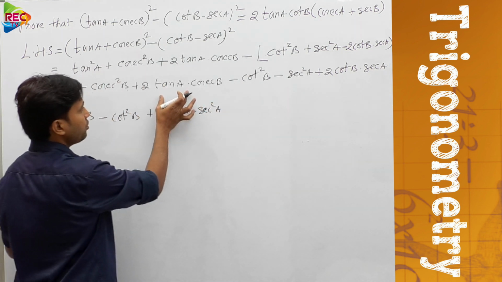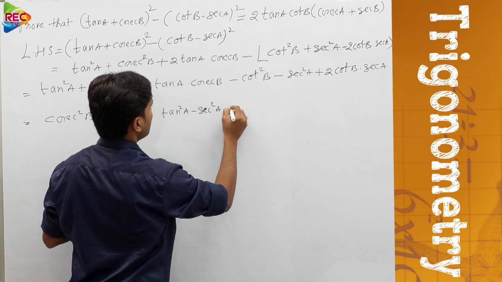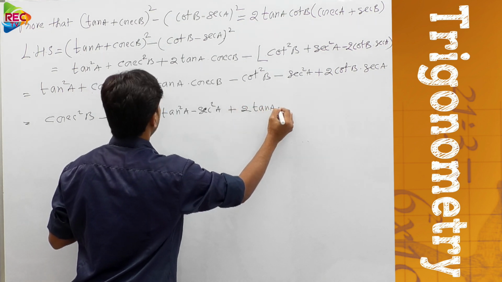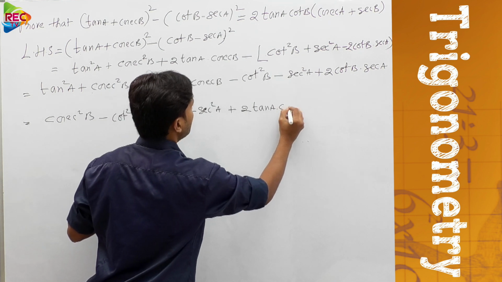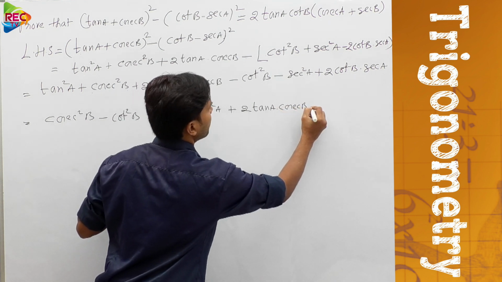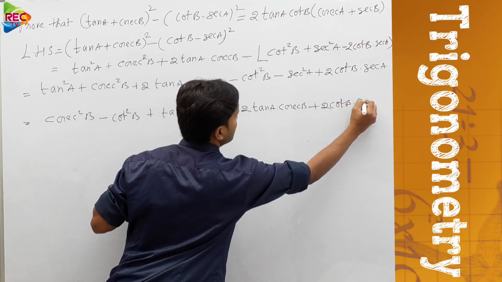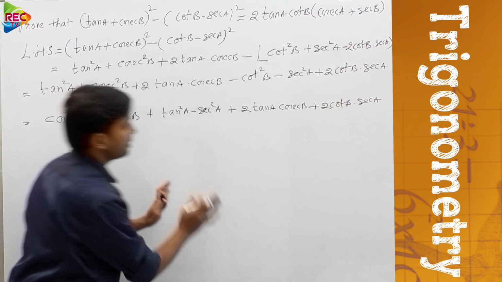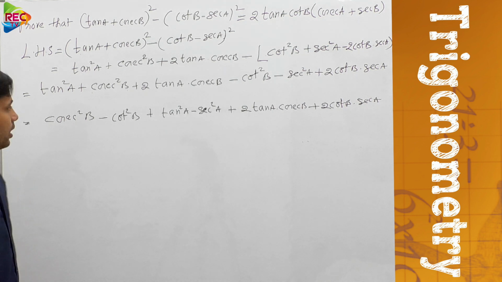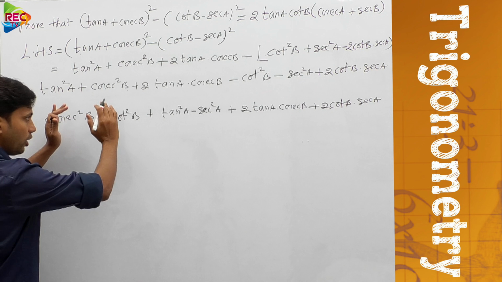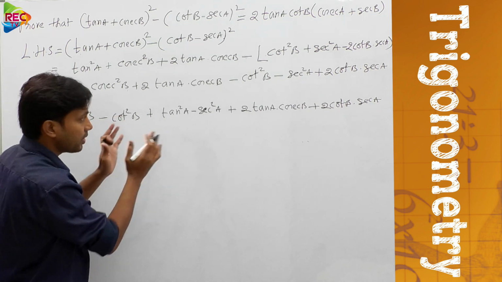Now the remaining two terms you group separately, that is 2 tan A cosec B plus 2 cot B sec A. This is what we have done. I think the problem is almost simplified if you observe.